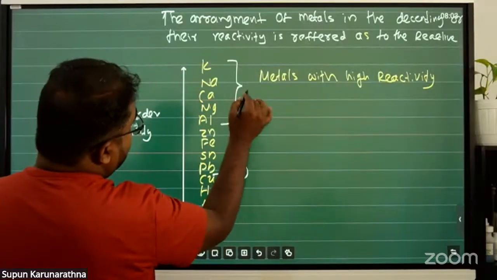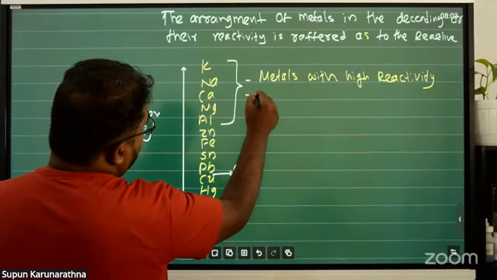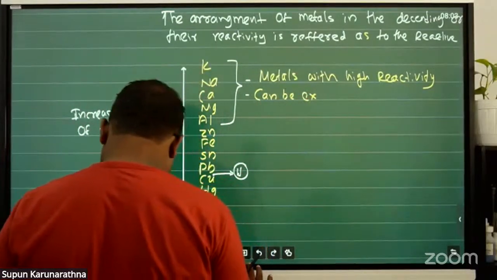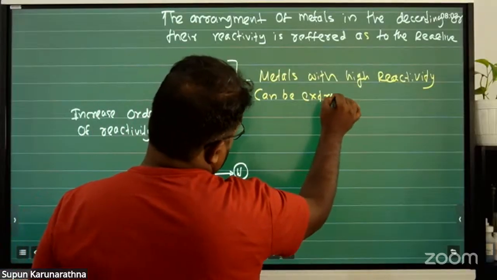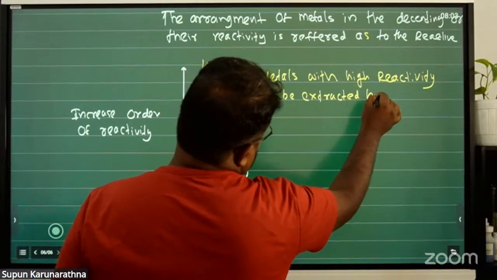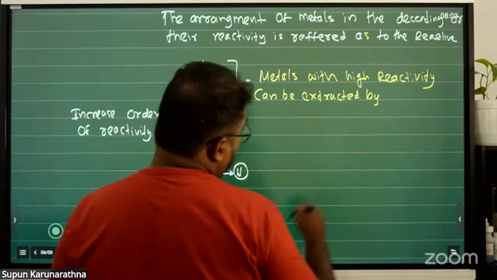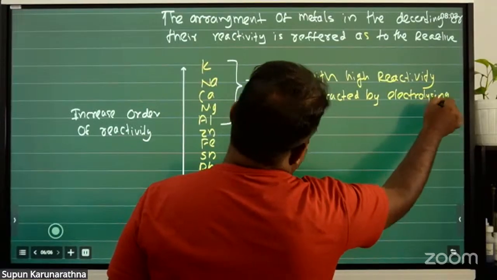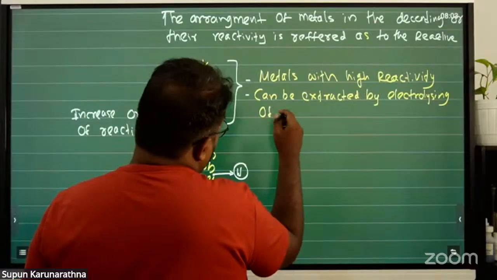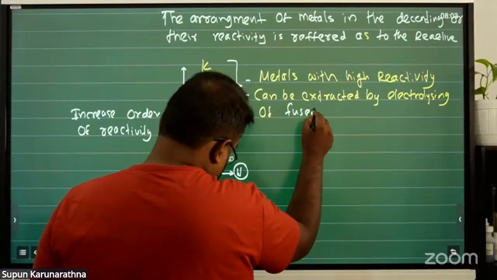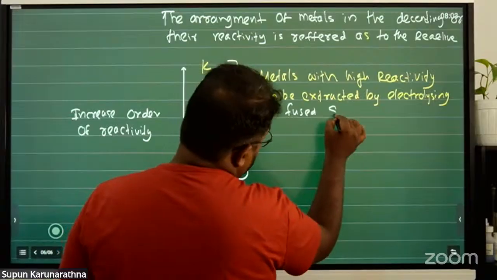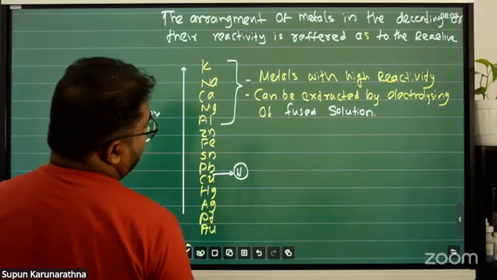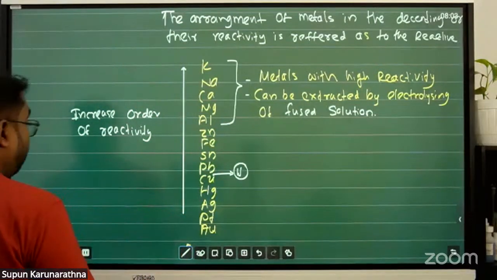This set of metals can be extracted by electrolysis of fused solution. Electrolysis of fused solution.